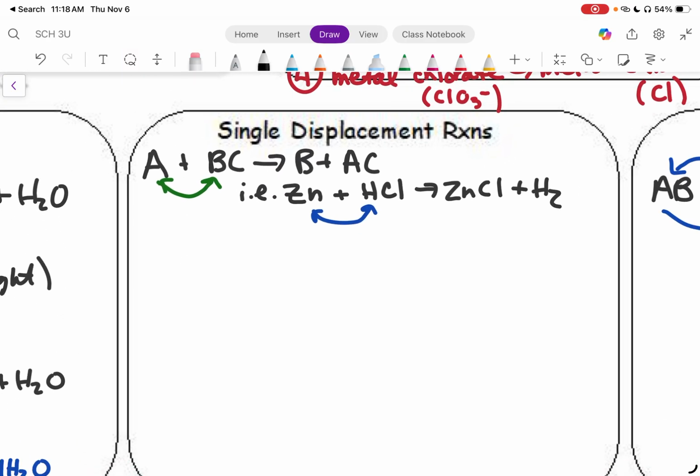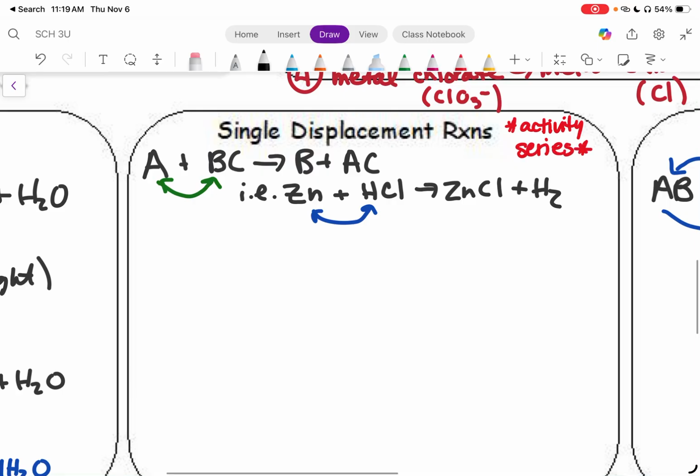So altogether, we could technically have four different types of these reactions, and so always remember, this is an important thing. Here is where we use the activity series, and you will always be given the activity series for a test or exam.